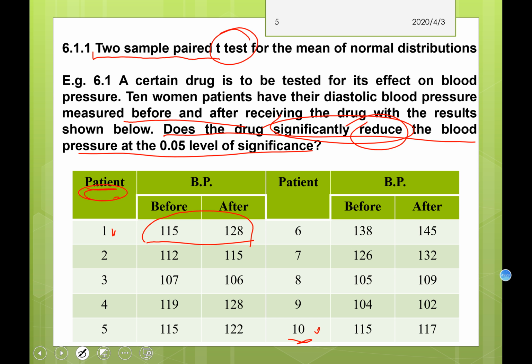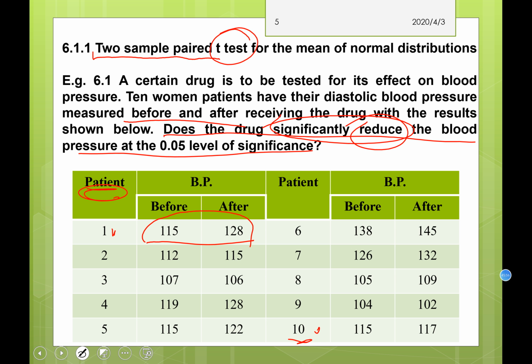Okay, so let's think about it. If we suppose the drug is not useful, the drug has no effect, then the difference of before and after should be equal to 0.